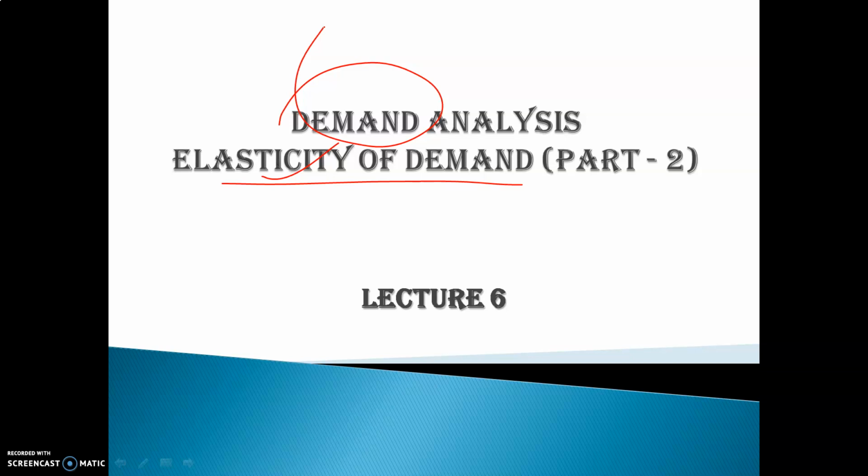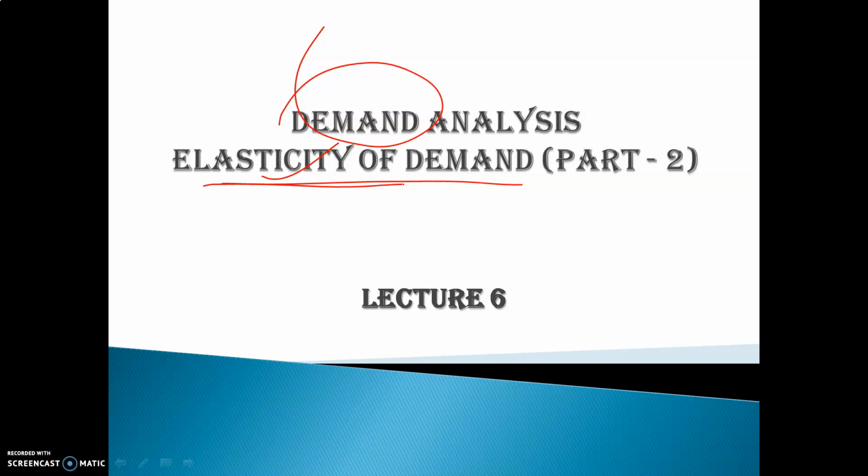The reason is that only 3 factors are quantifiable. And on the basis of these quantifiable characteristics of the factors determining demand, Alfred Marshall put forward these 3 types of elasticity of demand. Alright, so first is price elasticity of demand, second is income elasticity of demand, and third is cross elasticity of demand. So today's lecture is completely based on price elasticity of demand.